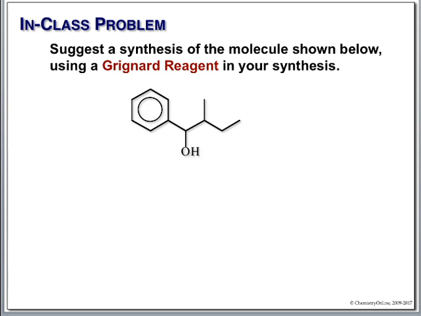If we look at an alcohol, this is a secondary alcohol, that's a hydrogen. We could make this by two possible pathways from a Grignard reaction. Two. There's symmetry here. How do you do this?